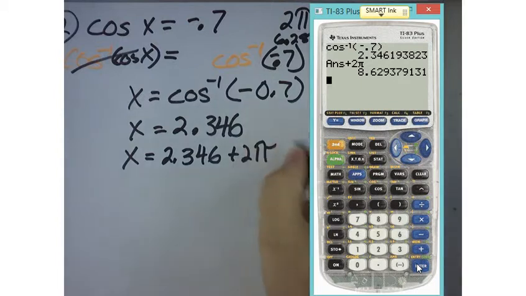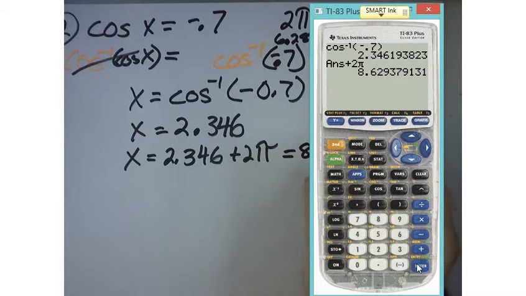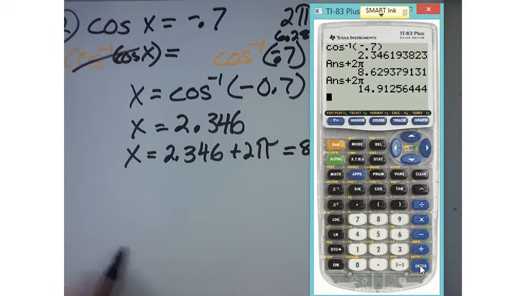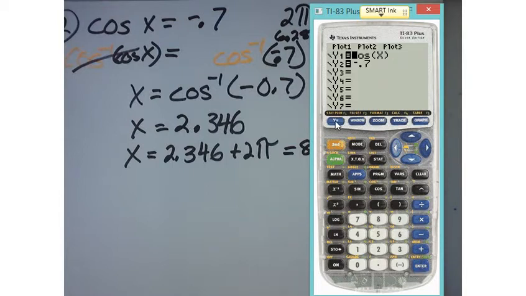So that would be 8.629. And then I'm going to add 2 pi one more time. And now that's too big. So let's see where this falls on the graph.